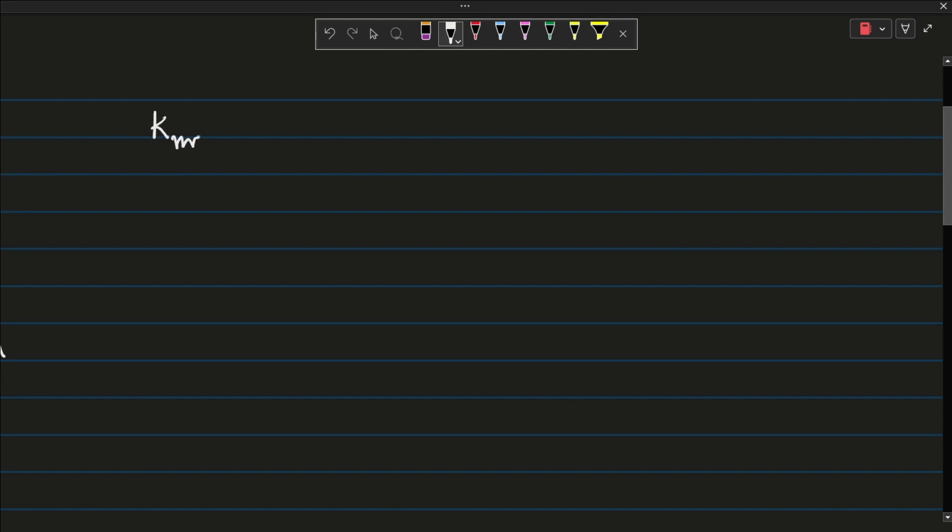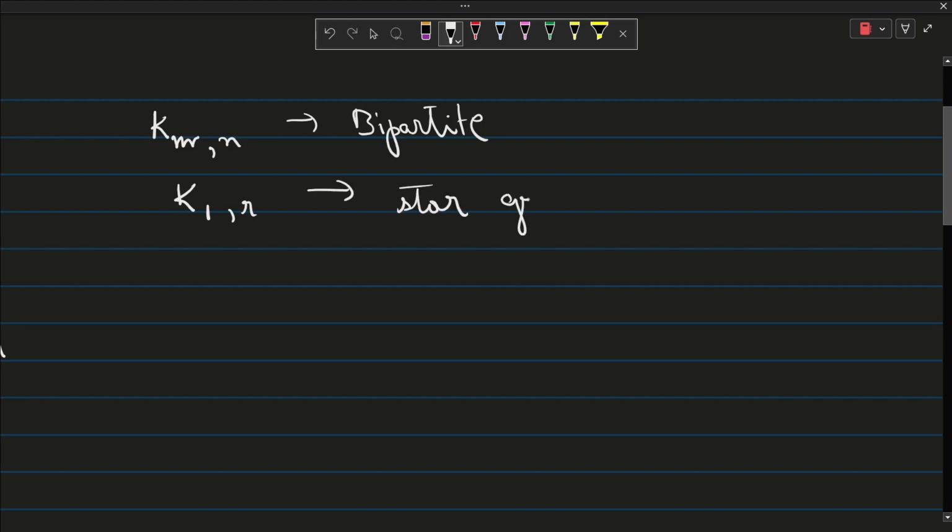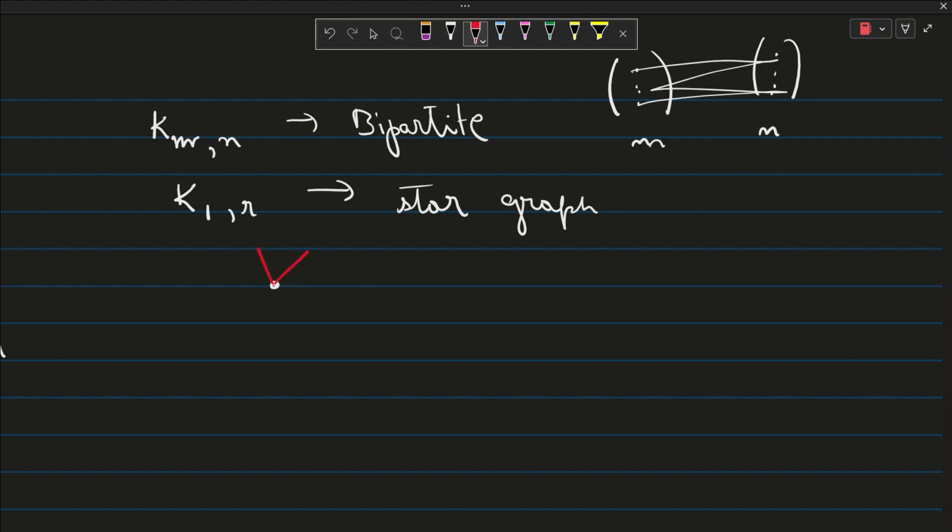K1 comma r is a star graph. It has m vertices here and n vertices here. A star graph has one vertex connected to many different vertices. So this is a star graph, and a star graph is denoted by Sr.